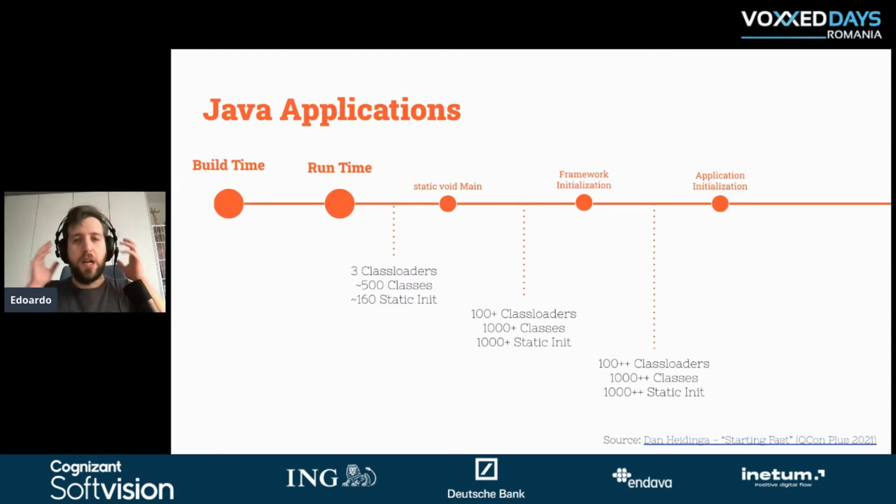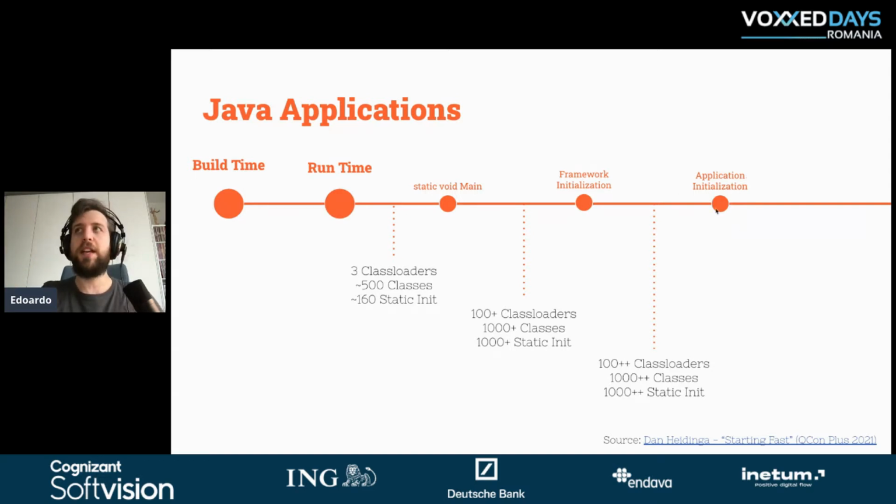native Java. So in order to understand native Java, let's talk a little bit about how Java applications are traditionally run. When you start a Java application, you have your build time, so you build your application, and you have your runtime. Your application initialization phase is the last bullet here.